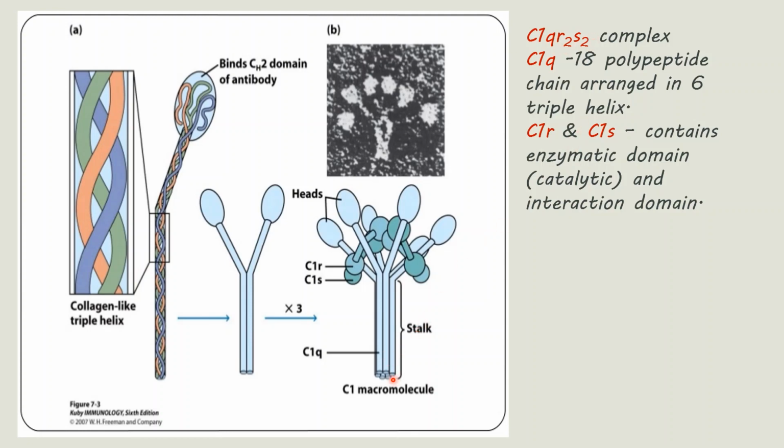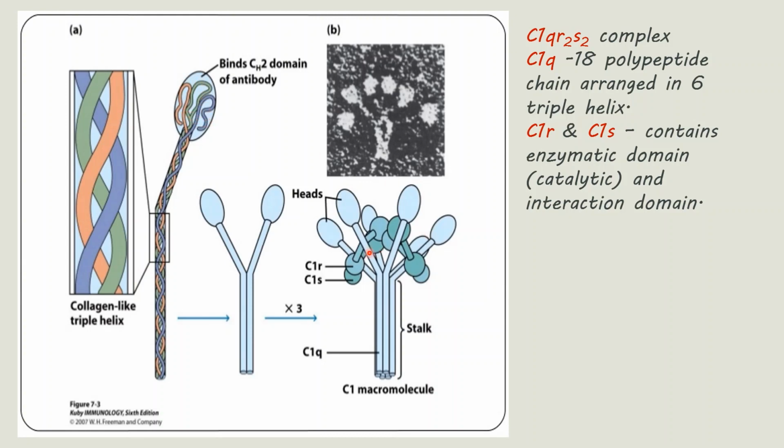Here, this C1q is composed of 18 polypeptide chains that are associated to form 6 collagen-like triple helical arms. You can see here 1, 2, 3, 4, 5, 6 triple helical arms. Triple helical arms means that in one arm 3 polypeptide chains are there.